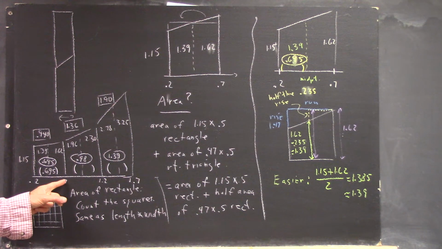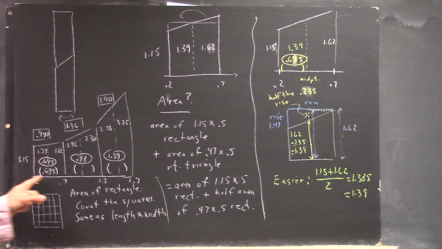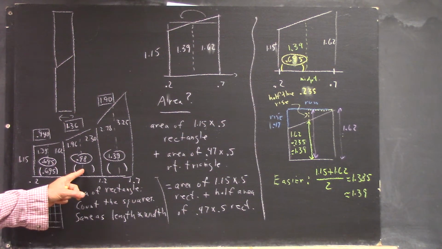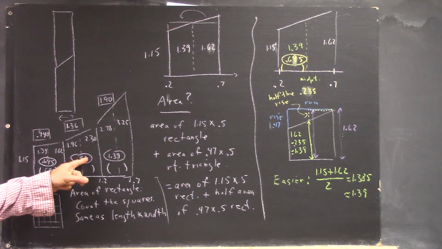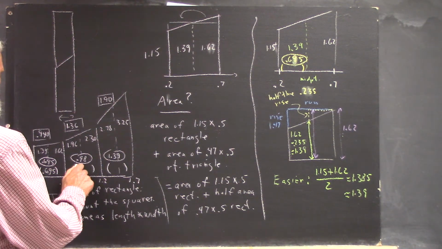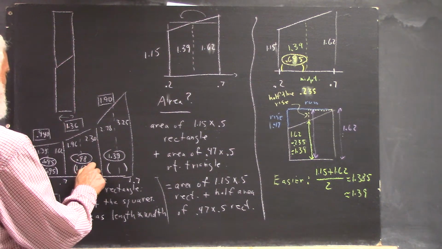Now how did we get the total area here? That would be from where we started, which is here, up to here. So what would we do to get this number? We would add this and this. So we add these and we get 1.675.